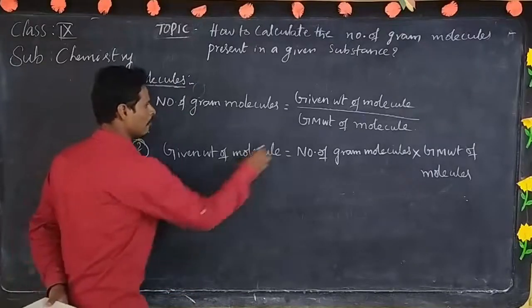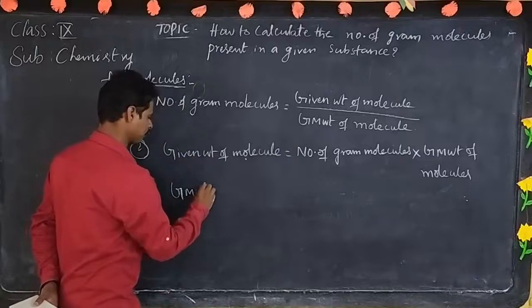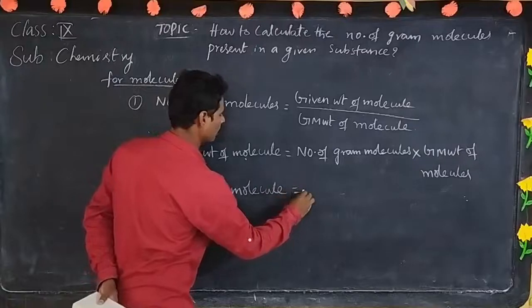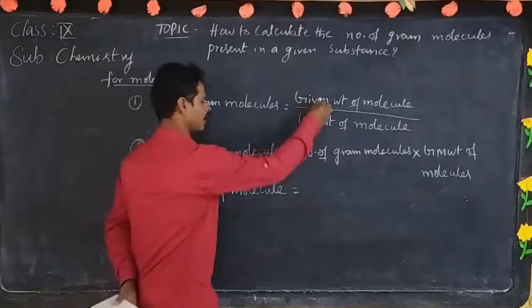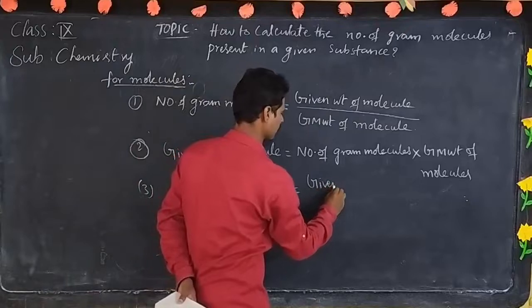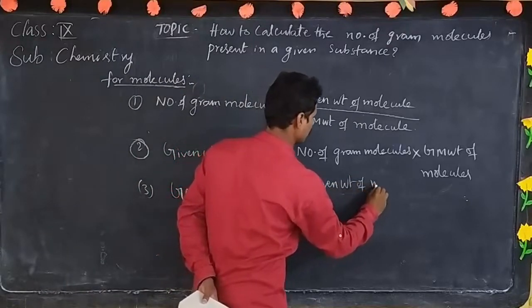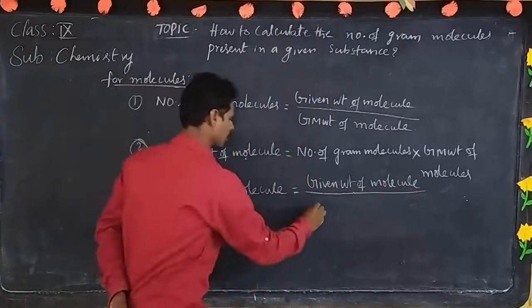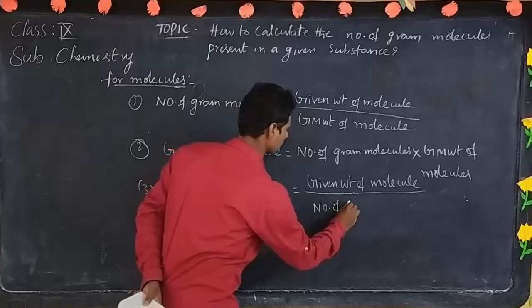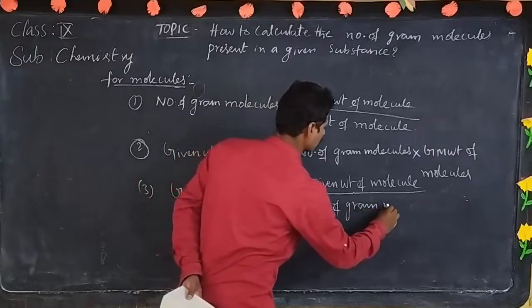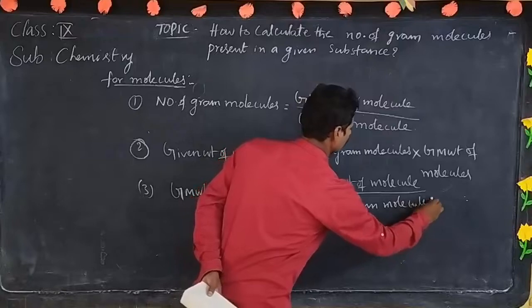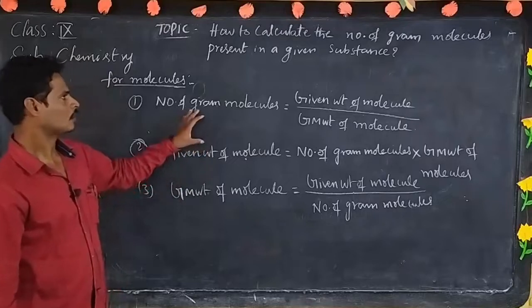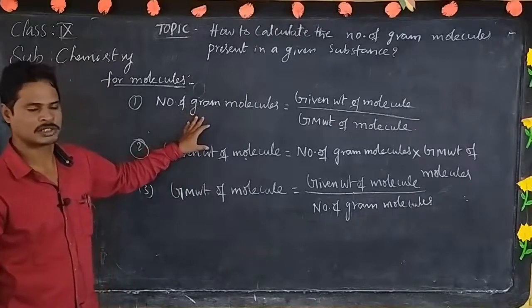Gram molecular weight of molecule equal to given weight of molecule by number of gram molecules.